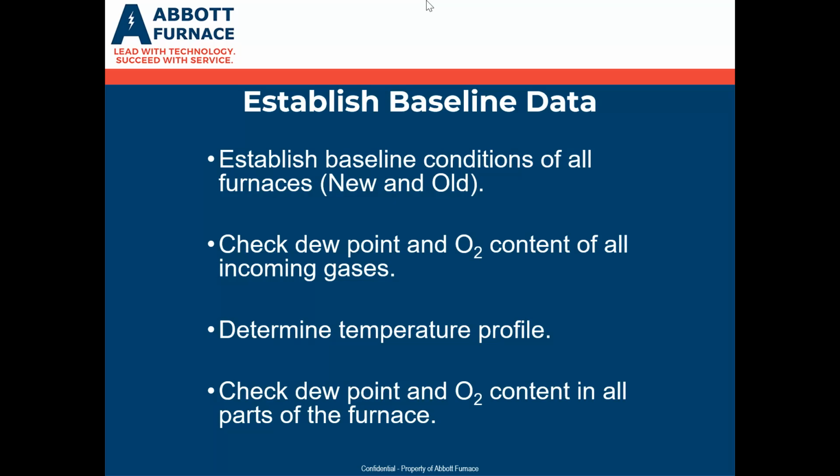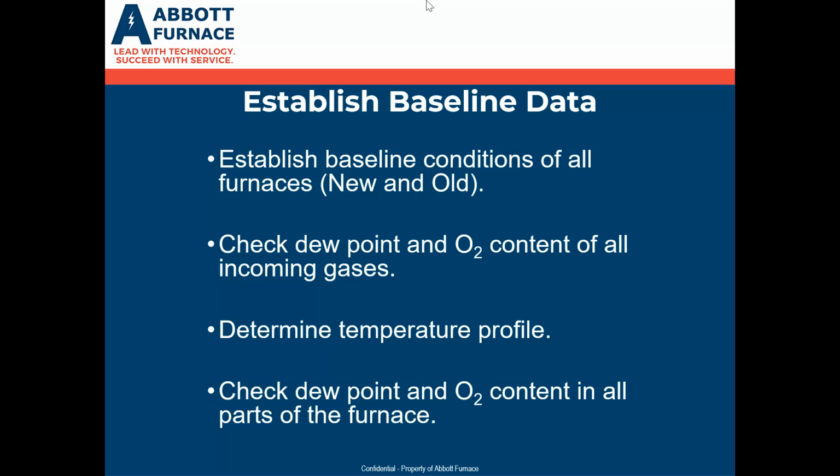So again, we start out, we check the dew point and the oxygen level of the incoming gases on the lines, and make sure there are no leaks anywhere from the generator or the tank through the plumbing, to make sure that the gases are clean and pure when they're going into the furnace. And then we use that to help determine the temperature profile and the atmosphere flow.